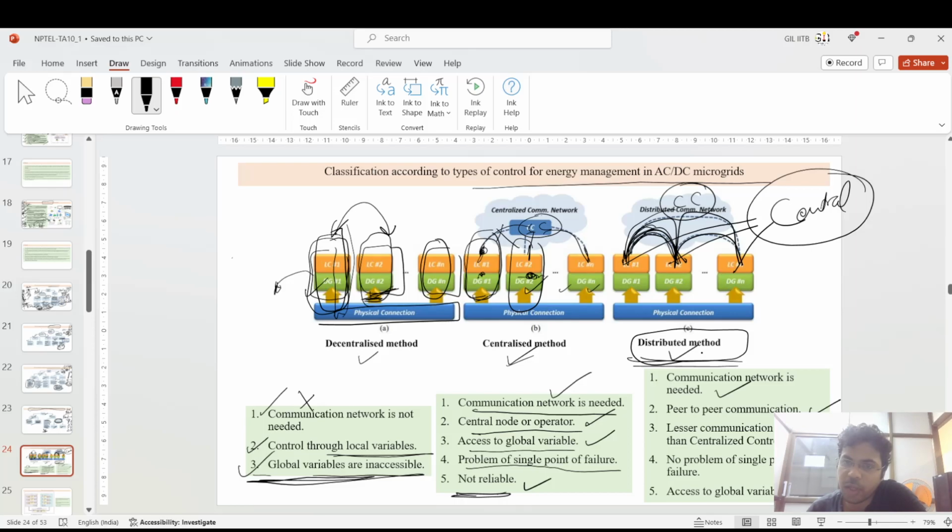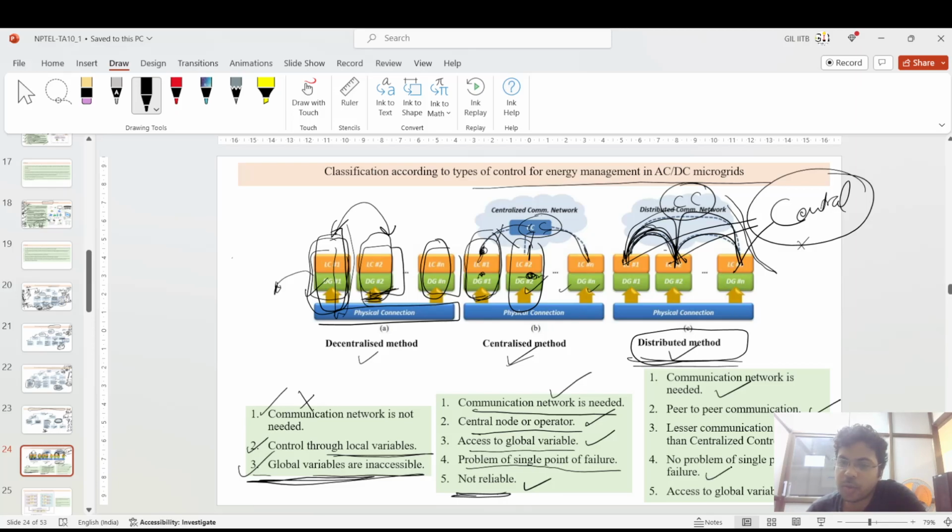So the communication network is needed, and peer-to-peer communication is also there because DG1 communicates with DG2, with fewer communication channels than the centralized one. Why? Because the central communication is actually not desirable. Why not desirable? Because DG1 and DG2 are actually in communication.